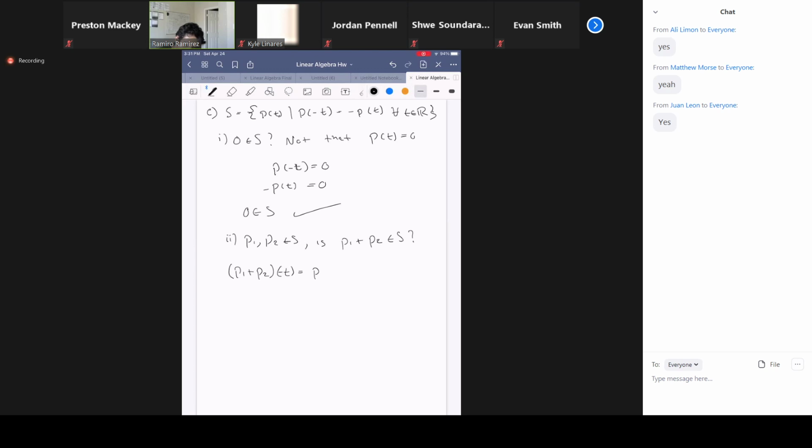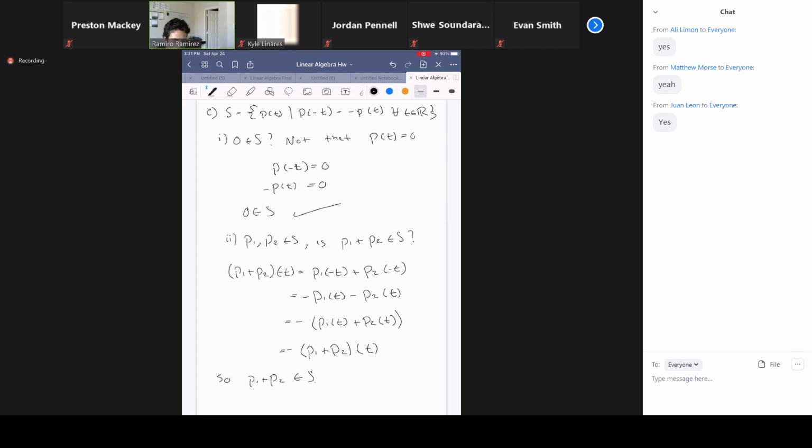Well, it's going to be P1 at negative T plus P2 at negative T, which, since they come from S, is negative P1 at T minus P2 at T. If you factor this out, you get negative P1 plus P2 at T. So P1 plus P2 is definitely in S as well.